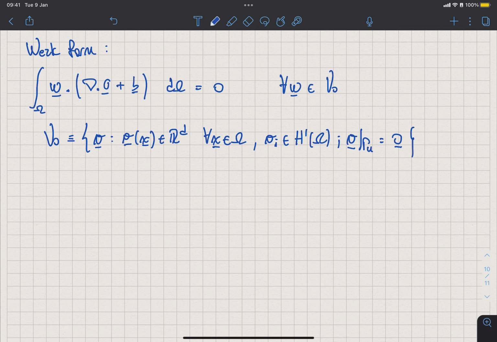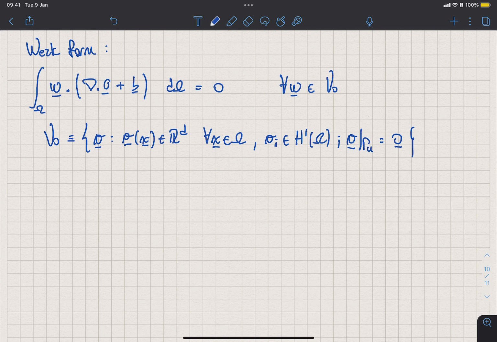Each component of that vector has to be square integrable. Remember what square integrable meant, right? When you do the integral of that function in the domain, the result is going to be finite, less than infinity. Then we take the derivatives of those functions and we do the same integral, and those are still finite. That is the definition of the Sobolev space.